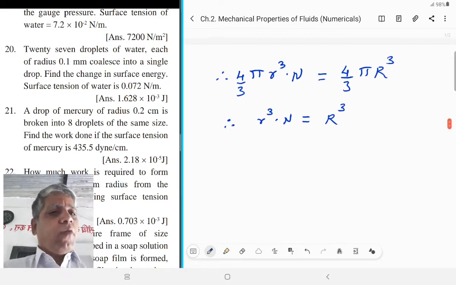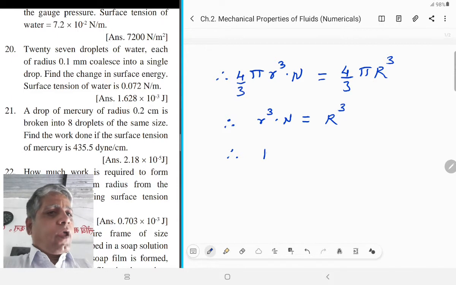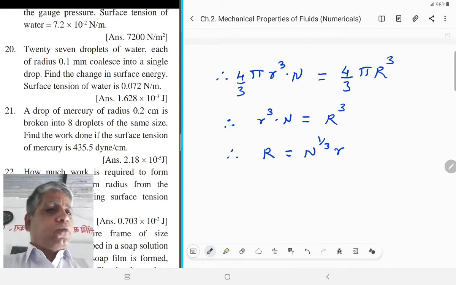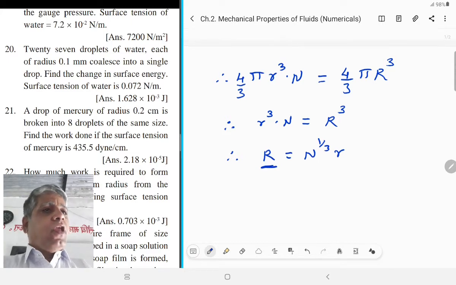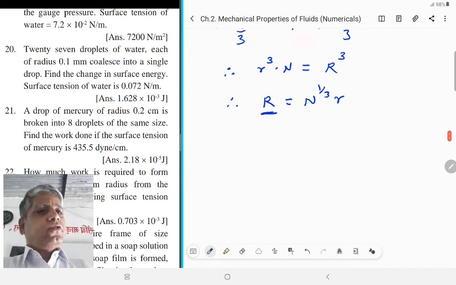Therefore from these equations, taking cube root on both sides, we get capital R is equal to n raised to 1/3 into small r. Substitute the value of capital R in equation 3rd to get the change in surface energy.